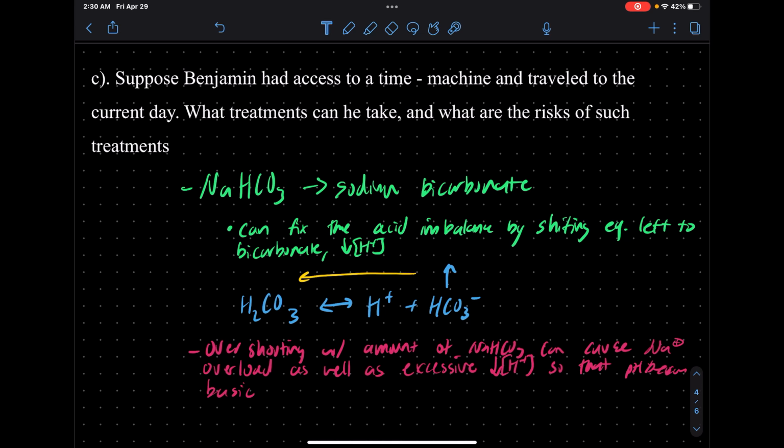On the other hand, overshooting with uncertain amounts of NaHCO3 can cause Na overload as well as excessive decrease in the proton concentration, which can lead to basic conditions, also known as alkalosis. Both are bad, so we want to make sure you have a good balance of it in order to treat Benjamin.